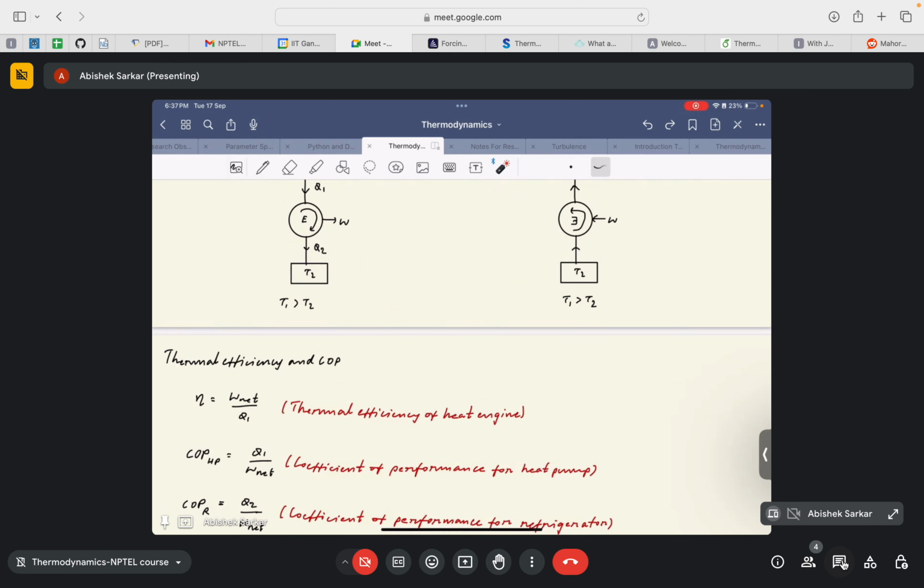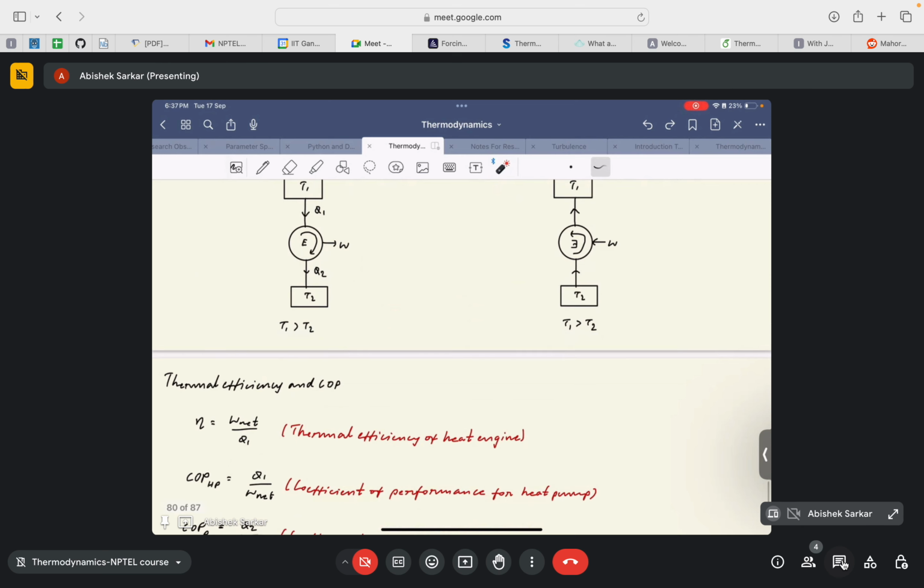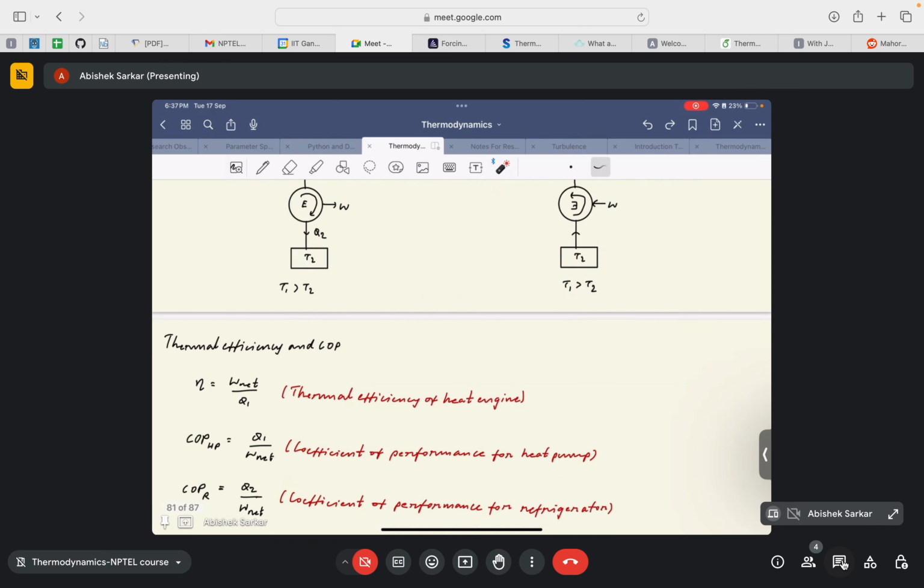Now in the case of a heat pump or refrigerator, the important terminology is the coefficient of performance, which, if I write it in a generic fashion, will be given by desired effect by the net work or the W net.